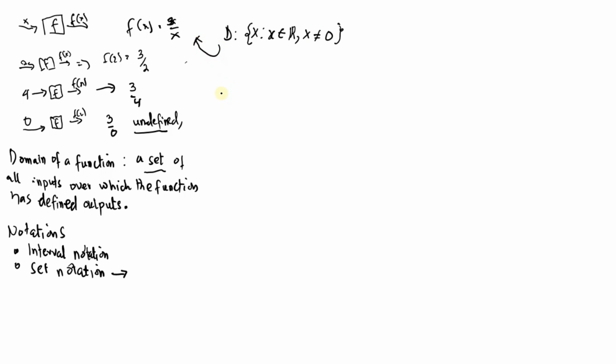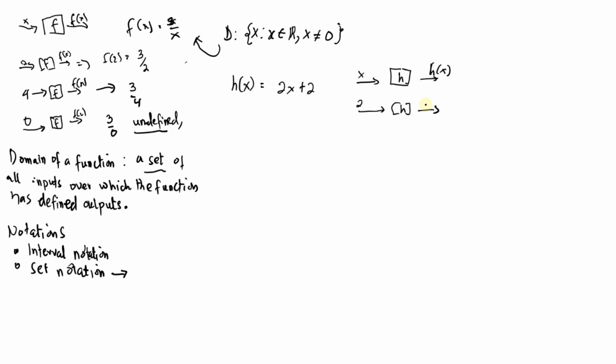Let's take another function. Let's say h of x is equal to 2x plus 2. What will be the domain of this function? We put x into the function h, and then we get h of x.